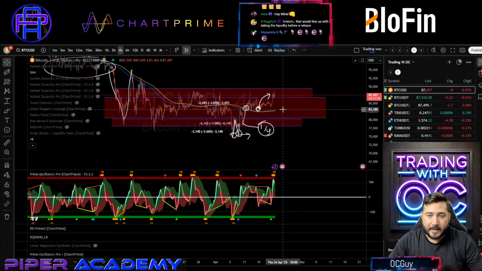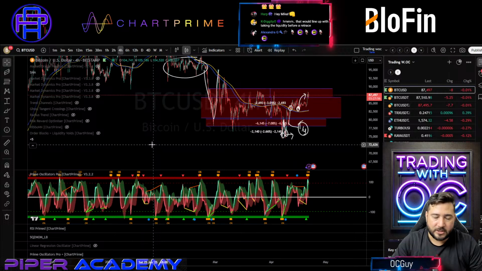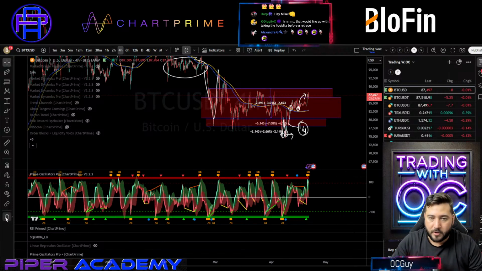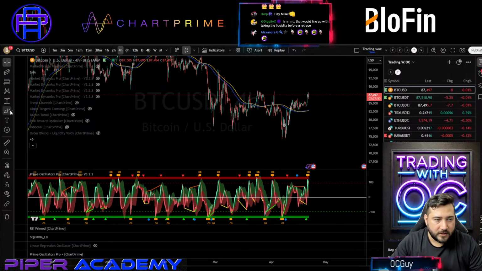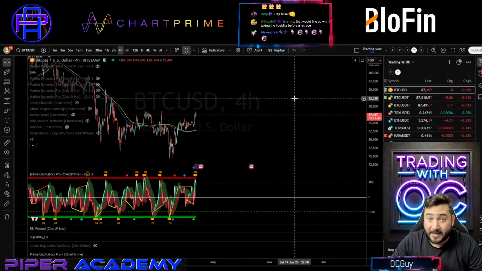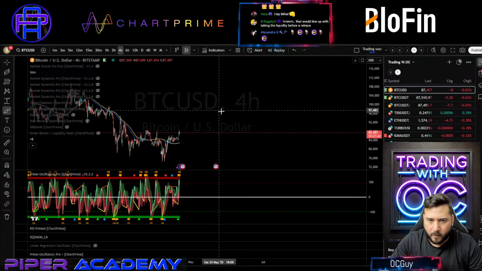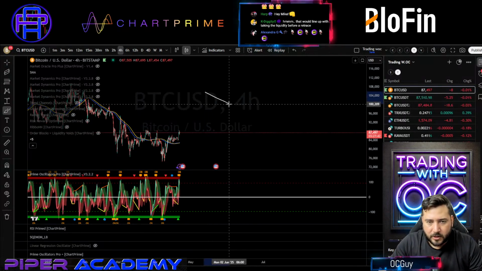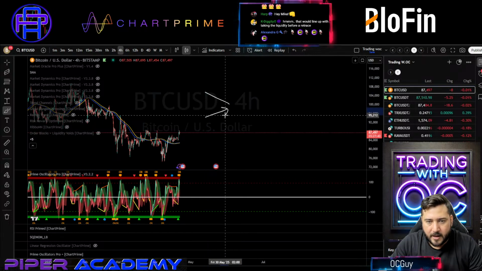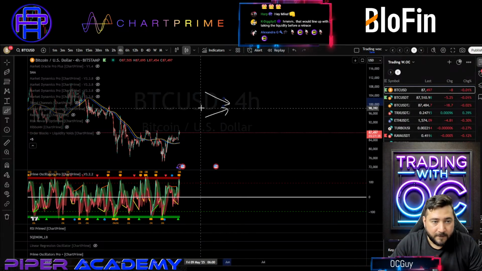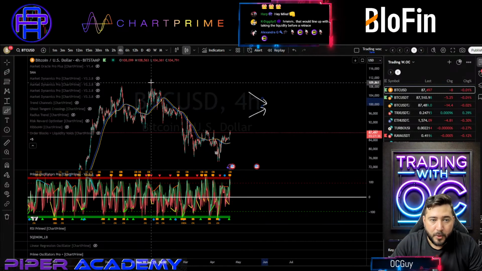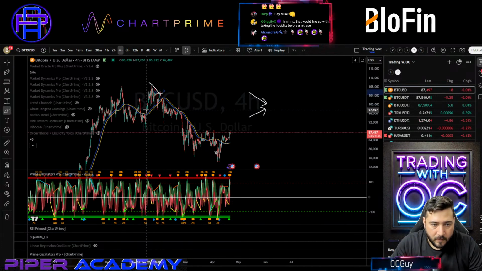All right, let's go, and then let's just jump into the broadening wedges, right? Let me just clear this up because we need to discuss wedges and of course megaphones. So let's get started with a recap. A triangle has two different support and resistance lines, both pointing, right? You can see a triangle here.